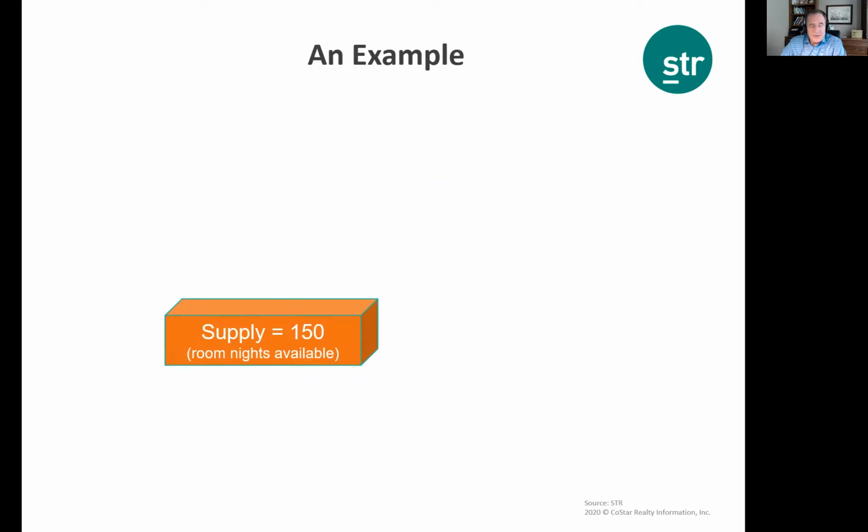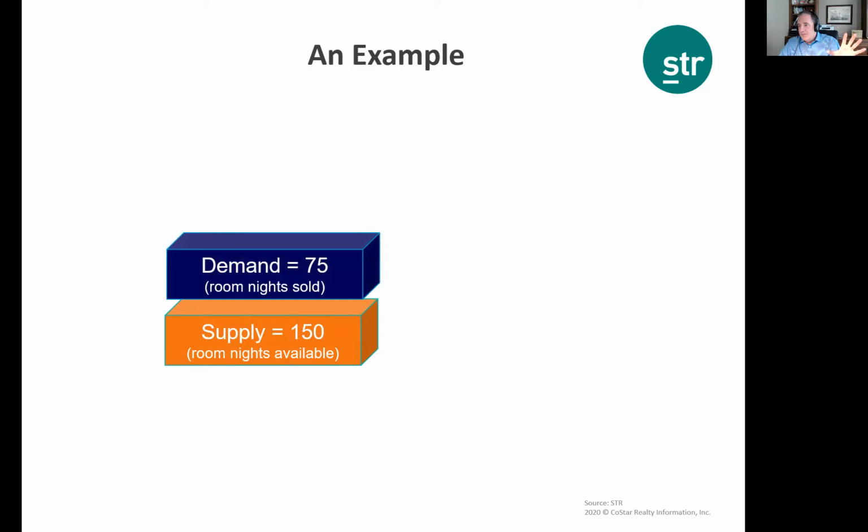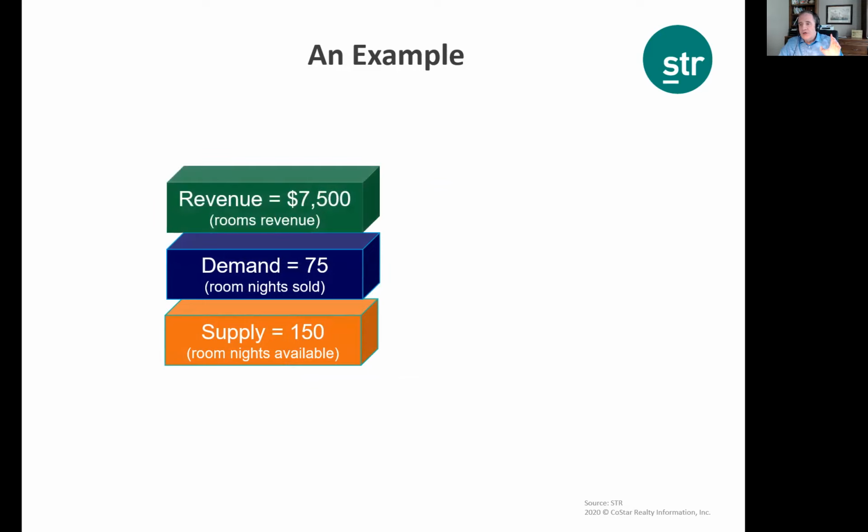Let's do an example here. We start with a supply, and hypothetically, for this time period, whatever it is, we have 150 room nights available. Demand, hypothetically, in this situation, whatever the time period is, our hotel sold 75 rooms. And our hotel collected $7,500 in room revenue. So let's begin to do the math.